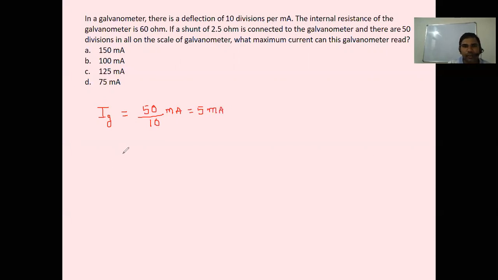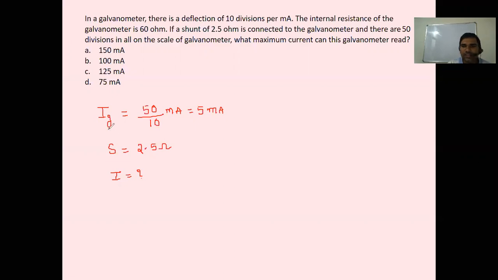After that, they connected a shunt of 2.5 ohm, and we need to find what maximum current it can read, I is the question mark. Only this much we know.